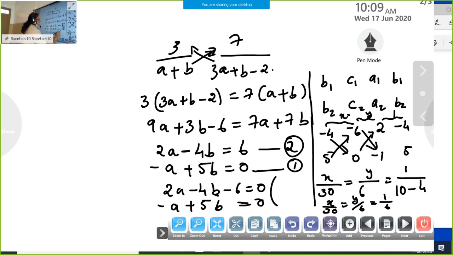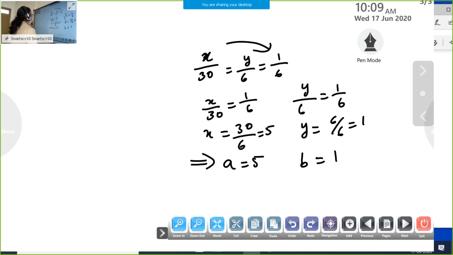Here, instead of x equal to a and y equal to b, write this in the bracket, x is equal to a and y equal to b. That means a equal to 5 and b equal to 1. Okay, clear?